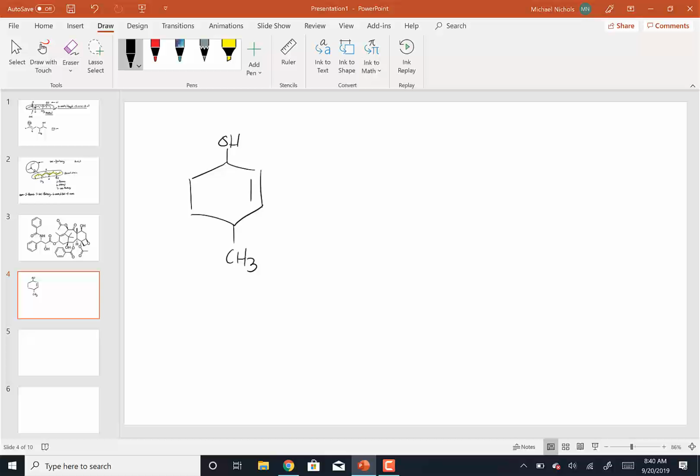So in this molecule, what I have is a cyclohex. I have a double bond and an OH group. So I look at my chart, which one of those two groups has a higher priority? The OH does, the alcohol.